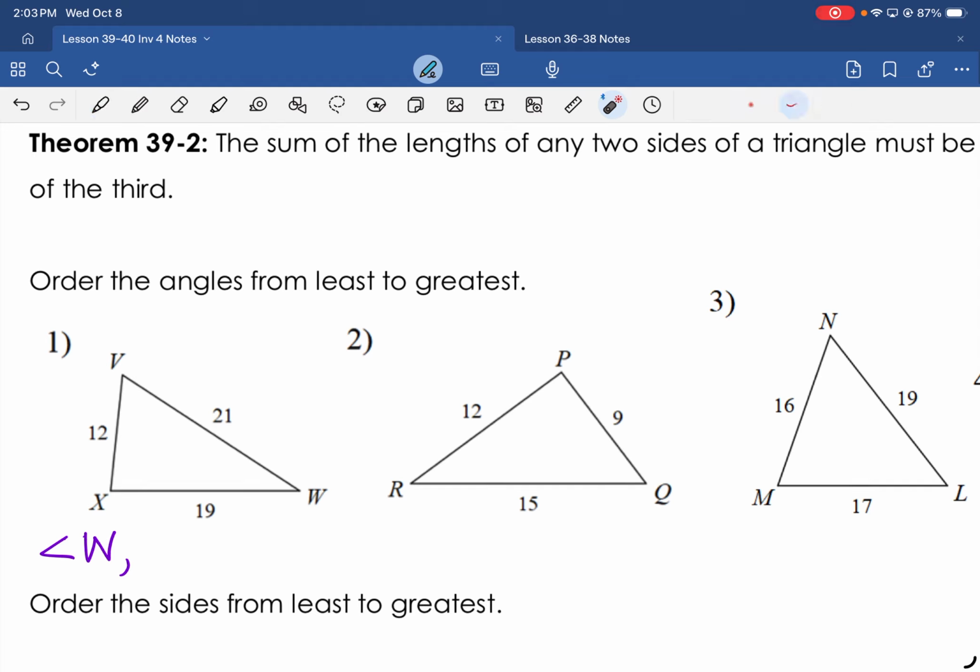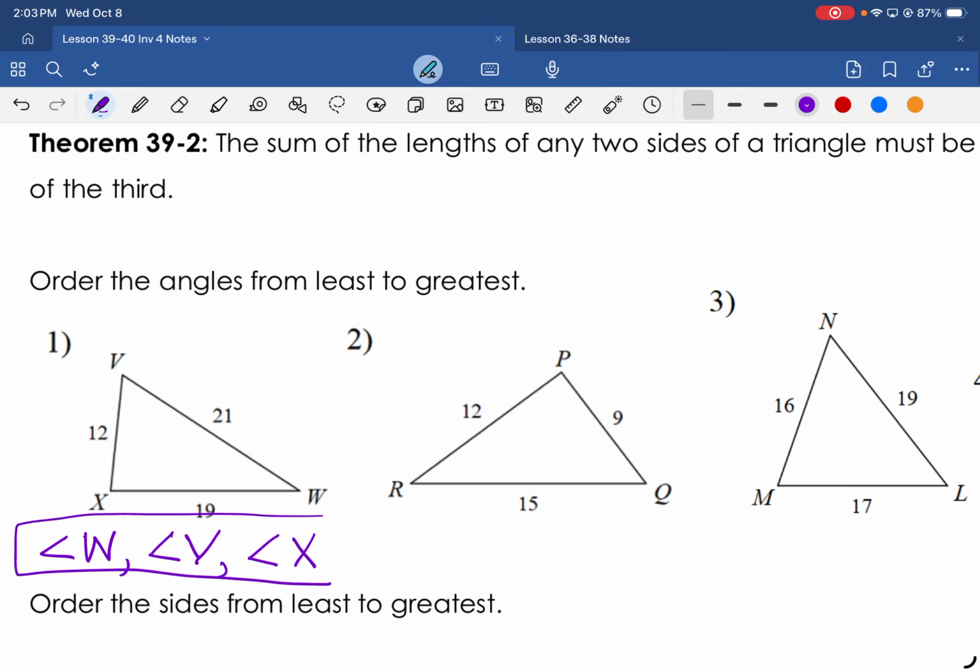Now, the next smallest is 19. Would you agree? So we're going to look opposite of that. And what angle do you see? V. Correct. Angle V, comma. And then obviously the last angle is angle X. So this is the answer to number 1.